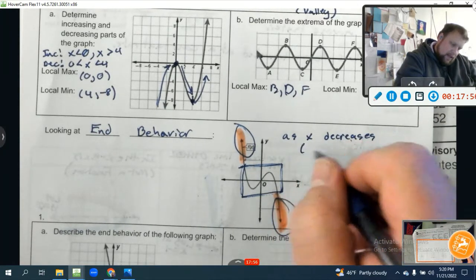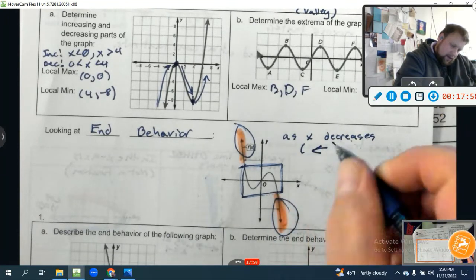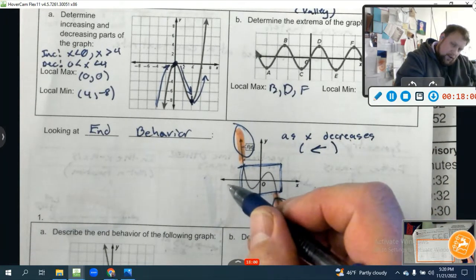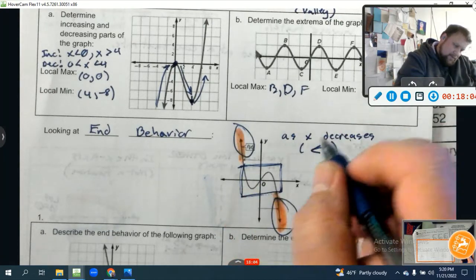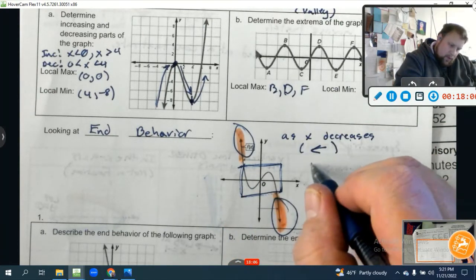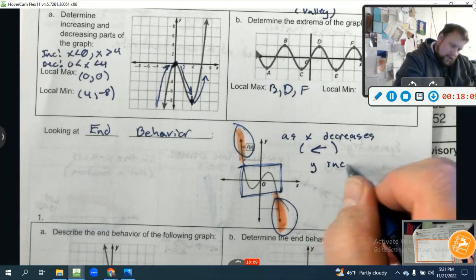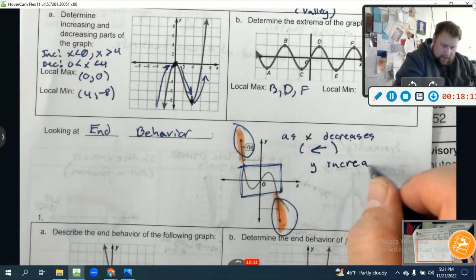That means it's going left. Notice that as my x decreases and goes left, what do we see this end doing? We see y is increasing.